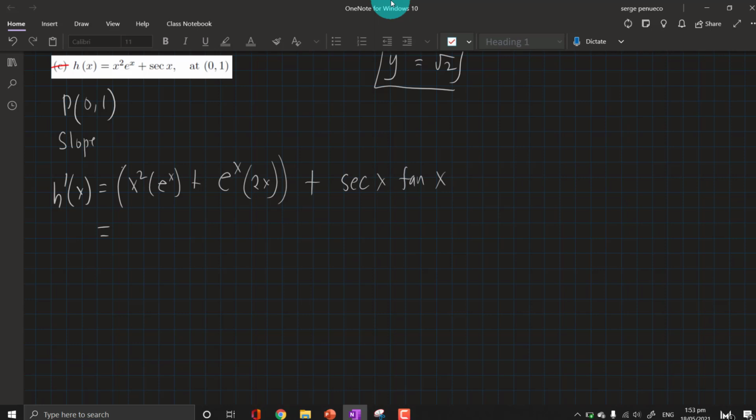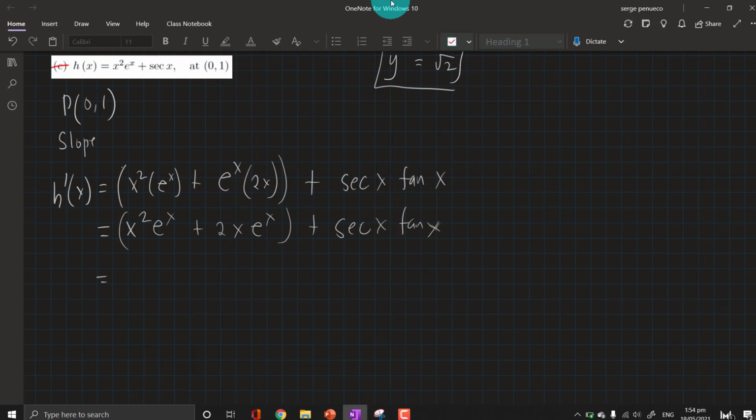This will be x squared e raised to x plus e raised to x 2x. Actually, any of the two naman. Masanay lang ako na una yung x squared e to the x plus 2x e to the x plus secant x tangent x.